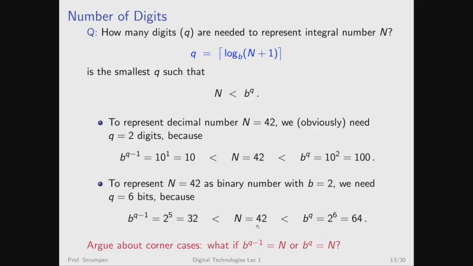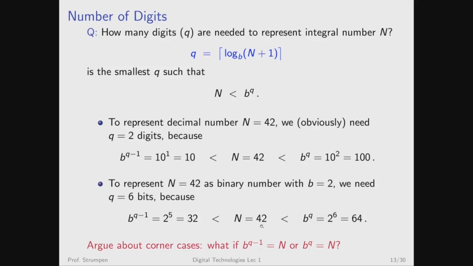And the next smaller number of bits, q equals 5, is 32, which is not enough to represent number 42. So 6 is the smallest integer that is a power of 2, 64, larger than 42, and hence 6 is the number of bits that we need to represent decimal number 42.